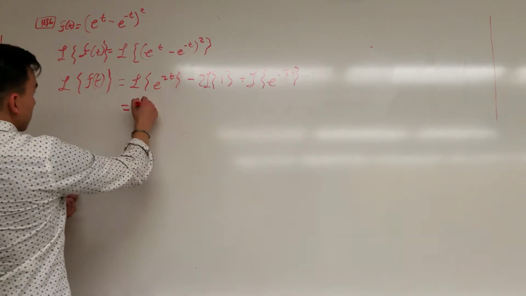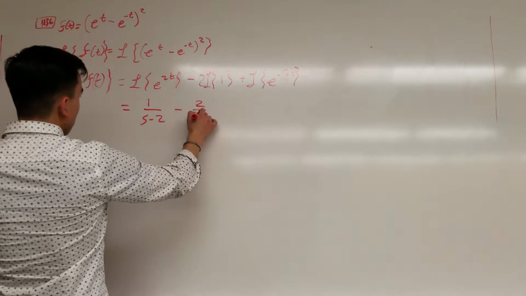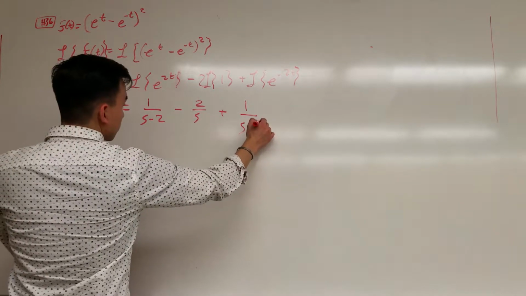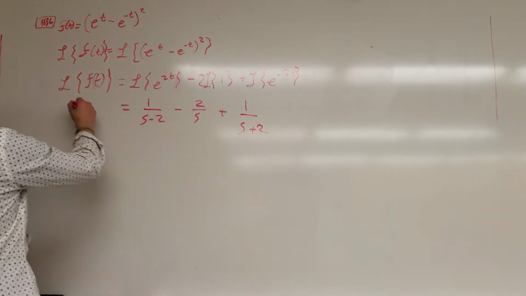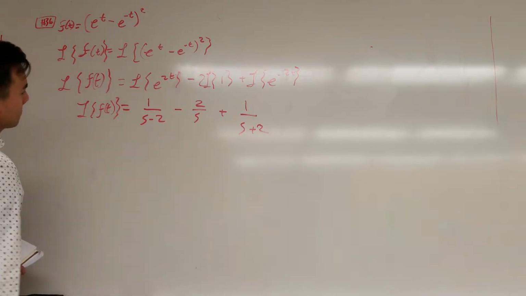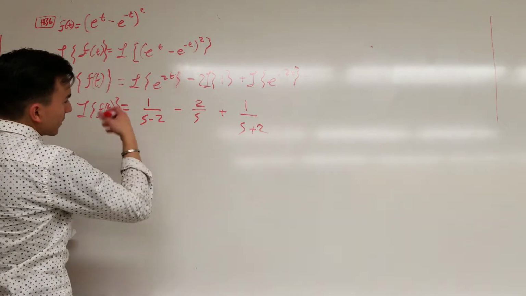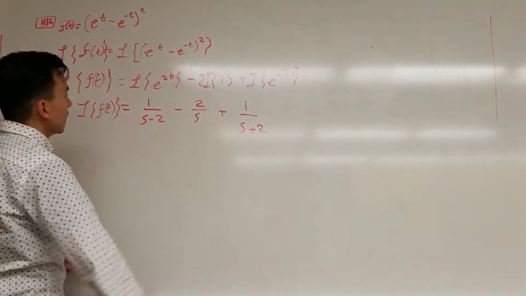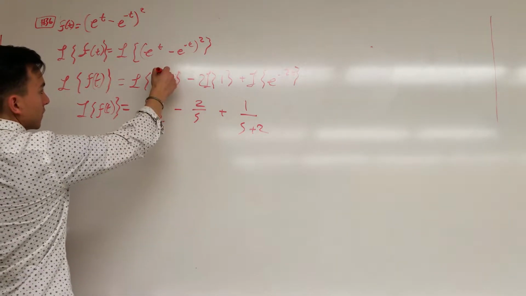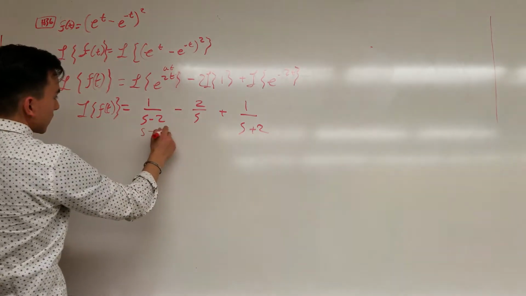Well, now that's just going to give you 1 over s minus 2, minus 2 over s, plus 1 over s plus 2. And that is our Laplace of the function f of t. Okay, so if we look back at our transformations, whatever this power is, this is our a, t, and this was s minus a.